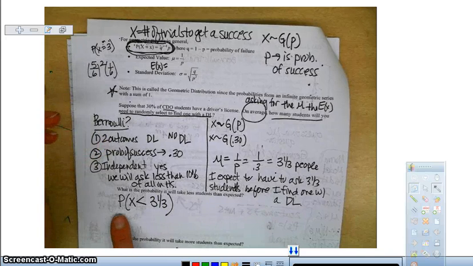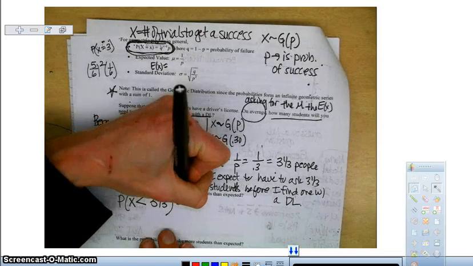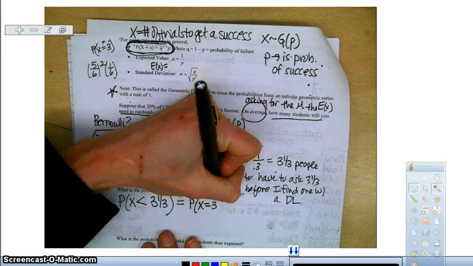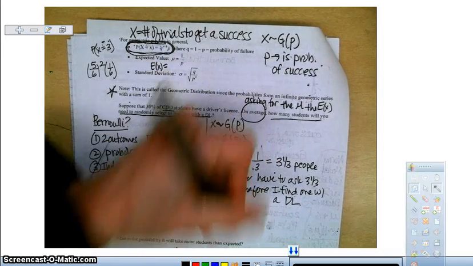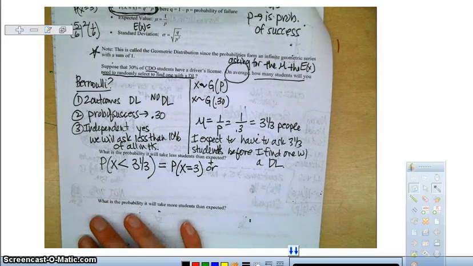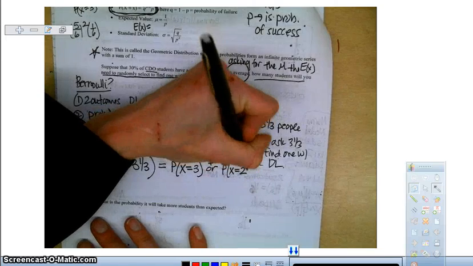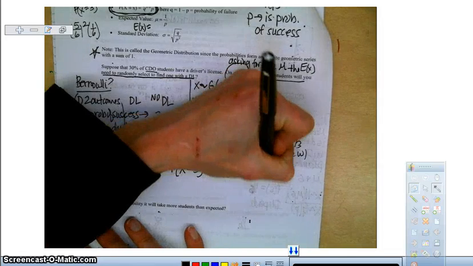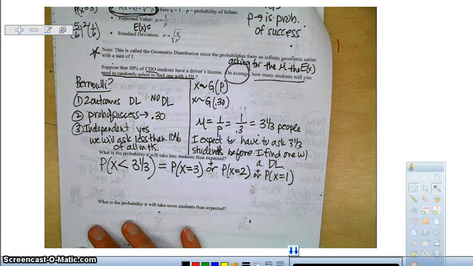So to find the probability that you have to ask less than the expected number of people, 3 1/3, this means the same as the probability that I have to ask exactly 3, or, which is also plus, remember or probabilities get added, or plus the probability that I have to ask exactly 2, or plus the probability I have to ask exactly 1 person before I find someone with a driver's license.